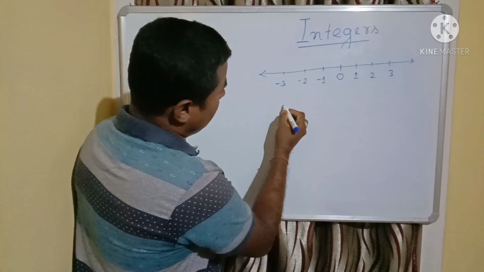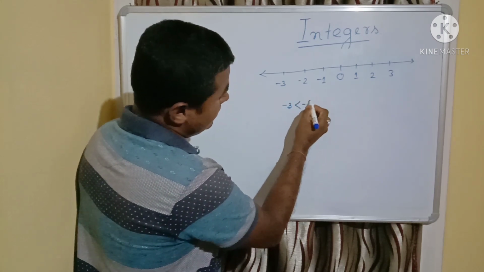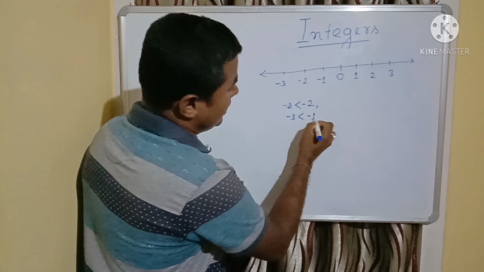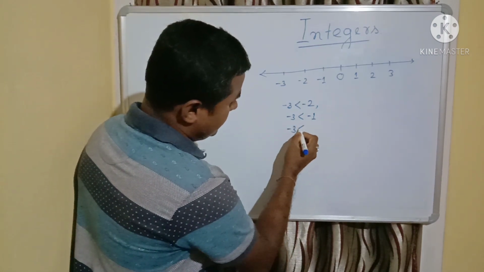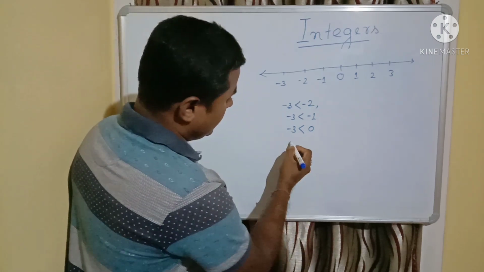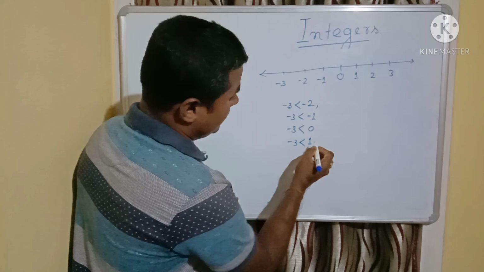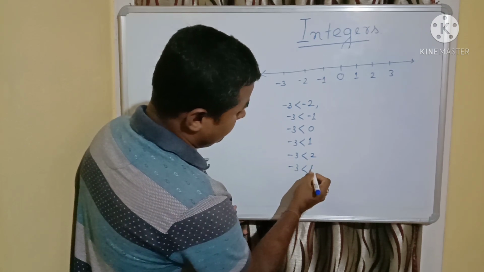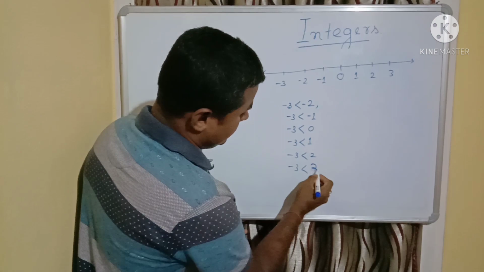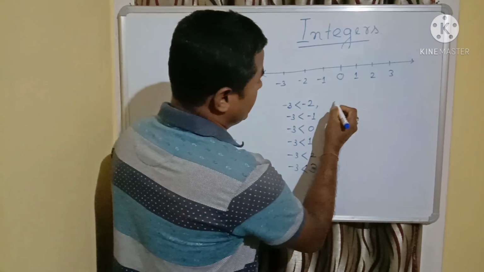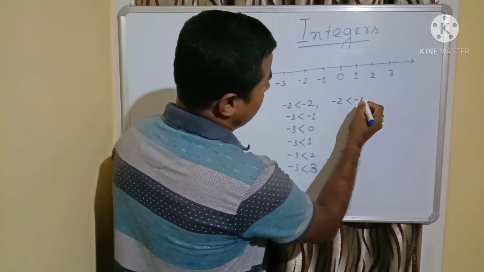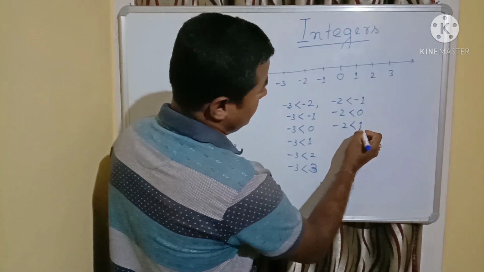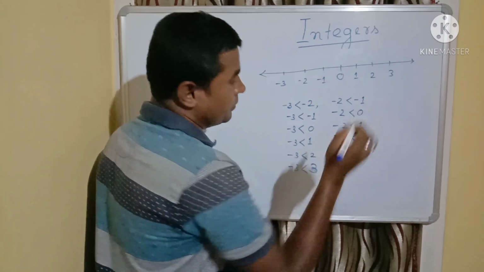That means you see -3 is less than -2. Similarly, -3 is less than -1, -3 is less than 0, -3 less than 1, -3 less than 2, -3 less than 3, etc. Similarly, in the case of -2: -2 less than -1, -2 less than 0, -2 less than 1, -2 less than 2.